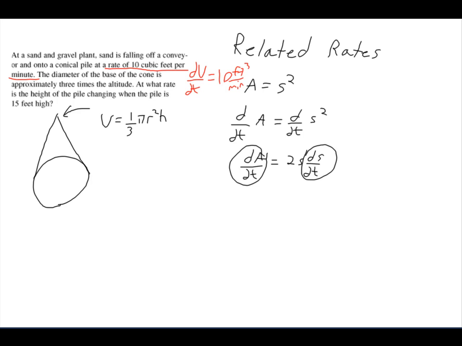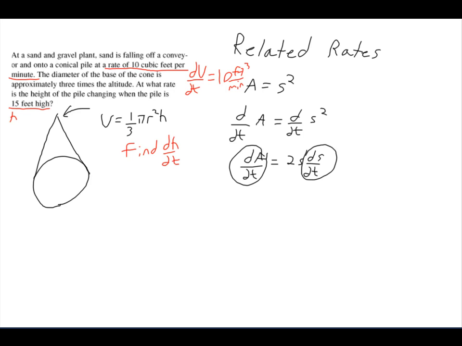Okay, now it says that the diameter of the base of that cone is approximately 3 times the altitude. At what rate is the height of the pile changing when the pile is 15 feet high? So this 15 feet high is our h value. And it asks us what is the rate at which the height is changing. So we want to find dh/dt.